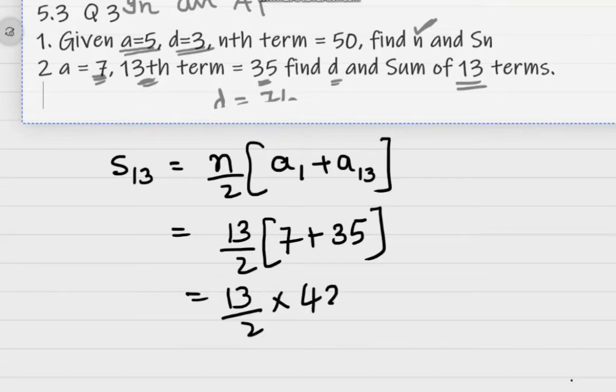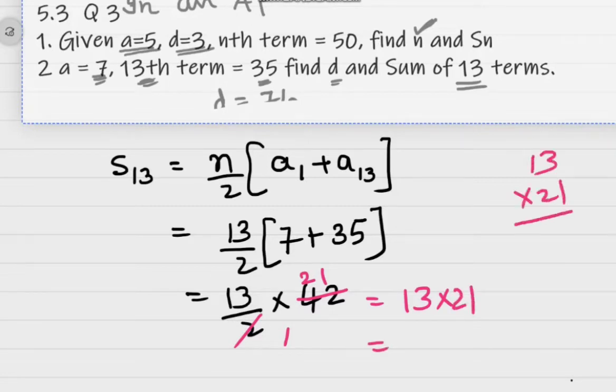Let's cancel 2 and 42. 2 twos are 4 and again 2 ones are 2. So that will be equal to 13 multiplied by 21. So see how much you are getting? 13 into 21. So 13 and here you get 26. So 3, 7, 2.